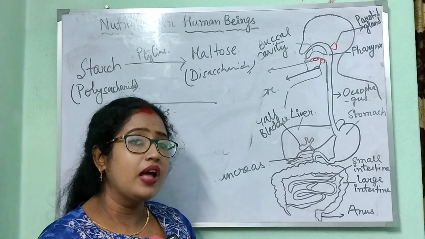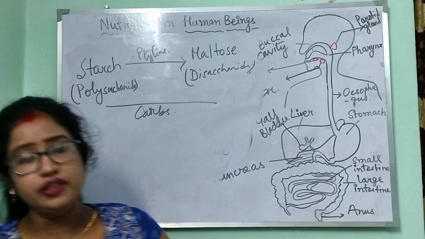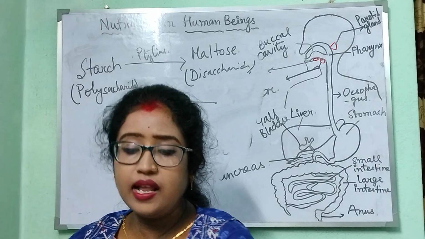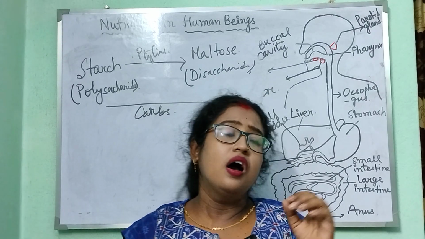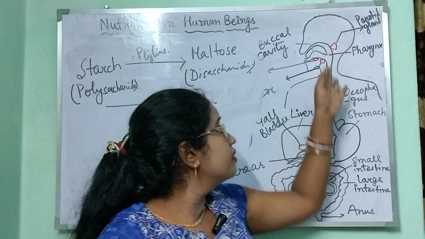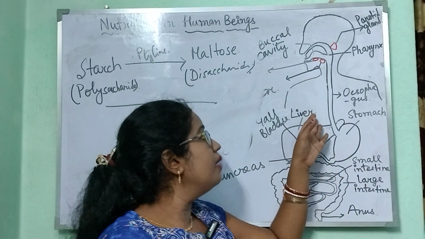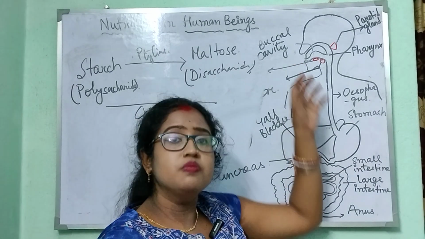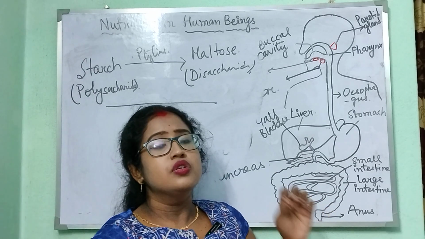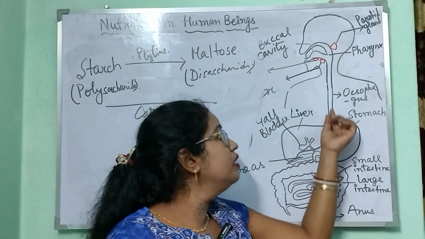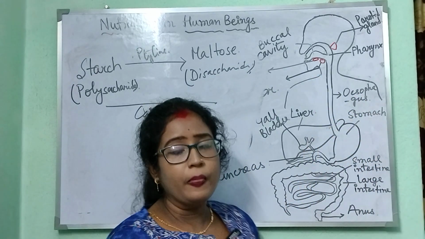Secondly, as saliva contains mucus in it, it helps to lubricate the food material, because the lining of our alimentary canal has a smooth surface, so the food has to be smooth enough to travel in this narrow tube.